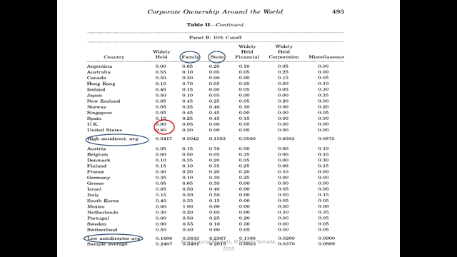Switzerland is like 50%, or in Switzerland, 40% family. So you can see that the Berle and Means view of ownership is only for US and UK corporations. Once you step out of these two markets, the picture is very different.